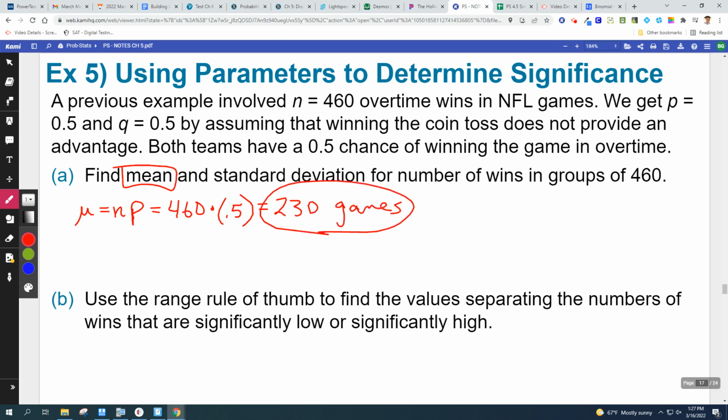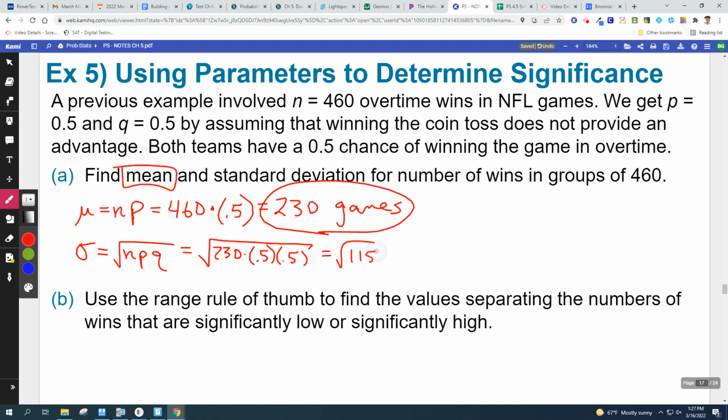That's the mean, the expected value. Standard deviation, that's sigma, and our equation for that is square root of n times p times q. So n was 230, p was 0.5, q was also 0.5. Multiplying there, we're going to get square root of 115, which is about 10.7. There's our standard deviation.